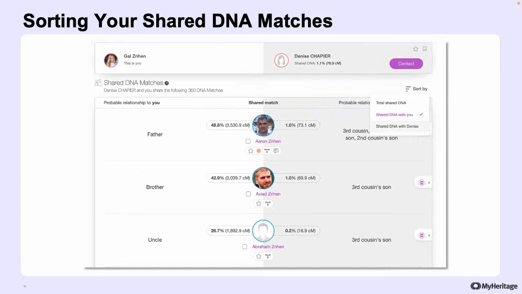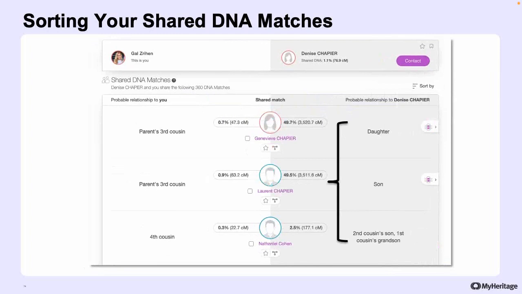Now I can also choose to sort this list by the shared DNA with the niece. And once I do that, I see that the niece also has a daughter and a son, and the second cousin's son, and Nathaniel, her second cousin's son or first cousin's grandson, that I also share DNA with. So why is that helpful?